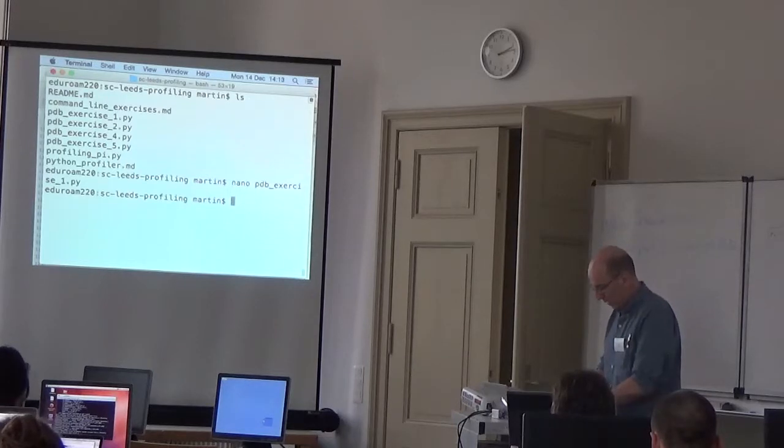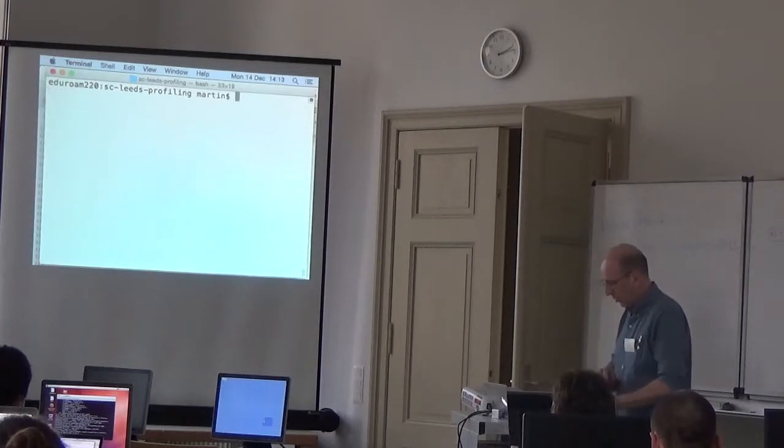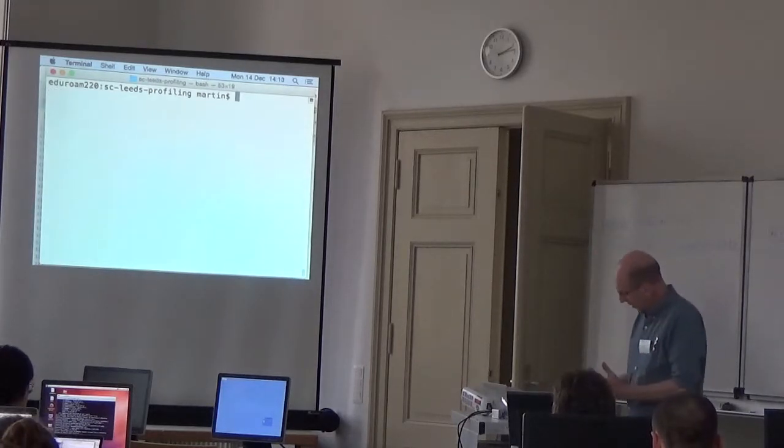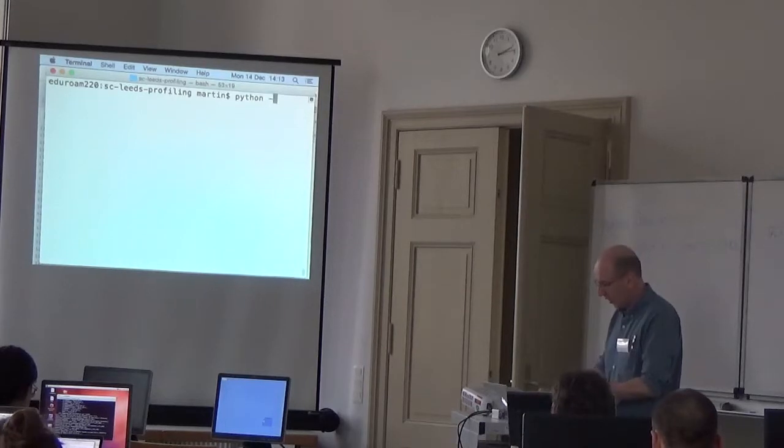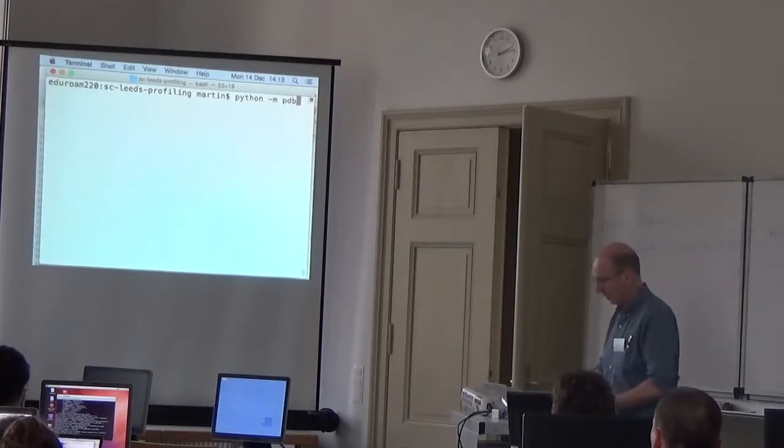Okay, so let me just clear. So to invoke the Python debugger, you need to type a few things in on the command line. So first of all, it's Python -m pdb, and then the file name that we're going to debug.